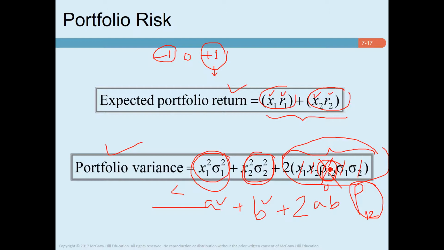Because you can see that if this correlation is +1, then this part is simply 2ab. So you do not get any diversification benefit.